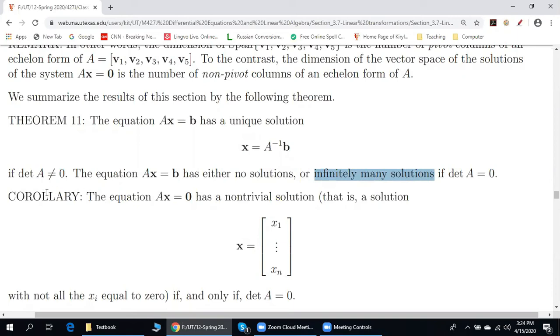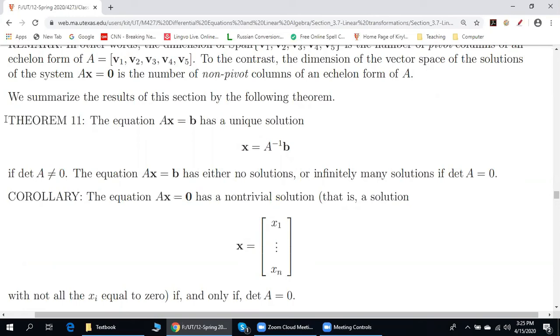But now please take a look at the corollary. In contrast with theorem 11, in this corollary we are talking about homogeneous systems only. So once again, suppose we have a homogeneous system. Note that any homogeneous system has at least one solution, the trivial solution, 0.